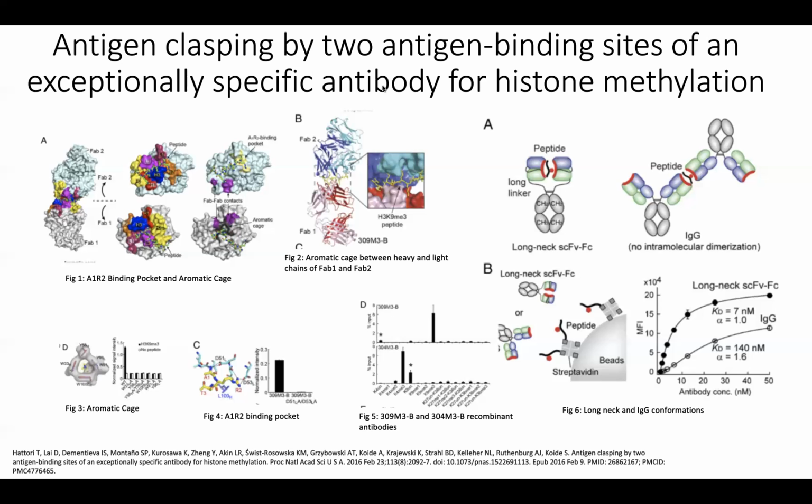Yes, so this is a very rare way that antigens are clasped, but through directed evolution and other protein engineering, such as the long neck system here, we can use it for further research in different antigens.